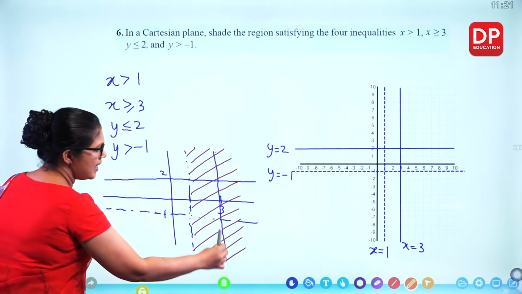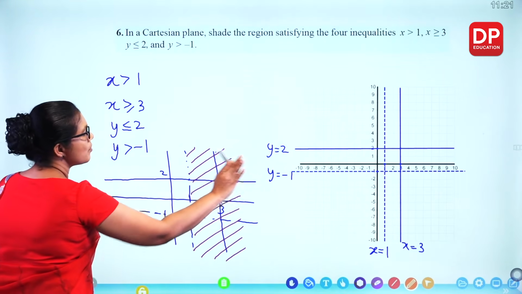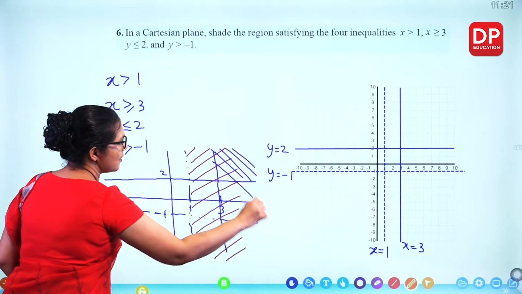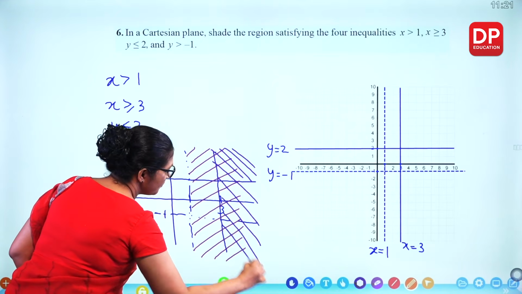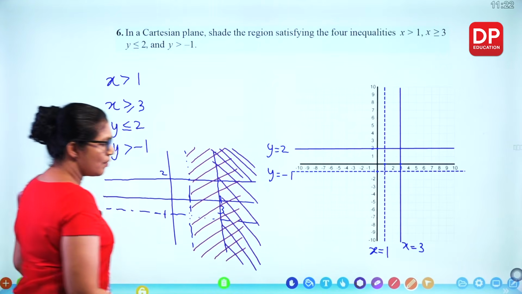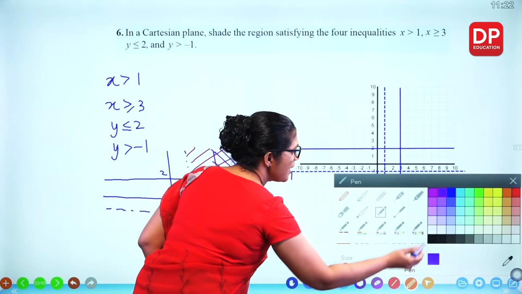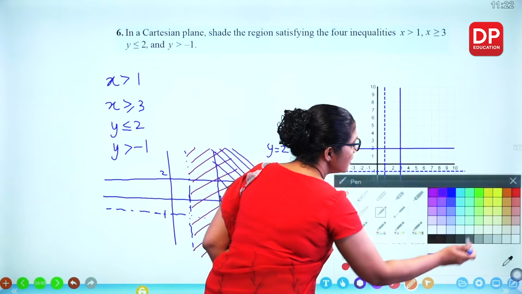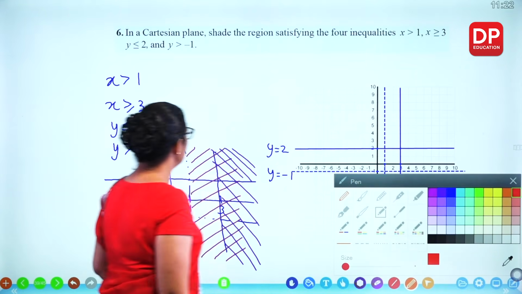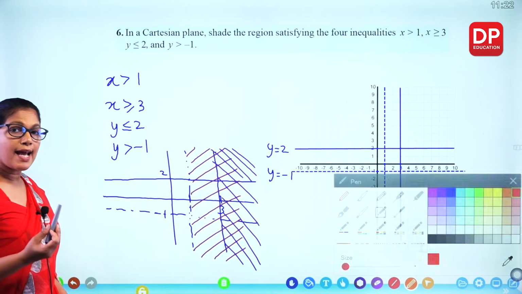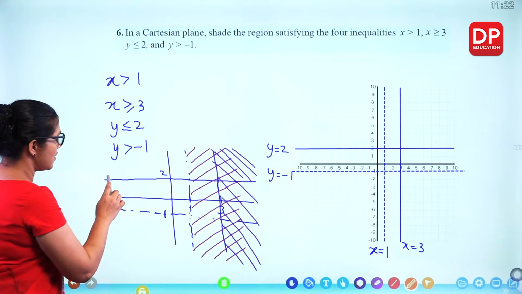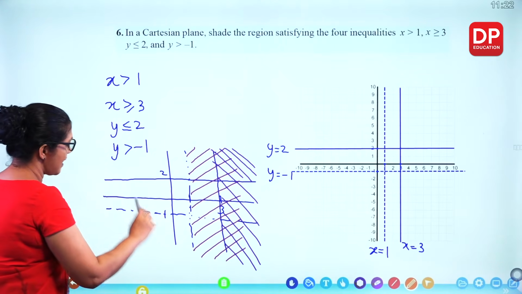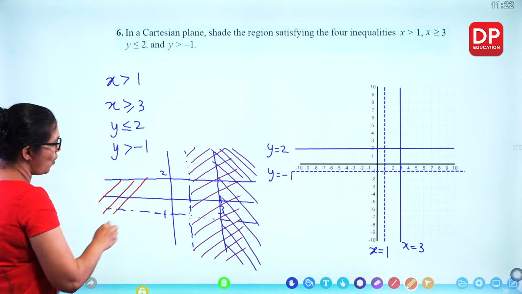So this is 3. Greater means towards the right-hand side. I can color with this one. Now the next one, I'll take red color. y less than or equal to 2. So this is 2. Less than side is below.